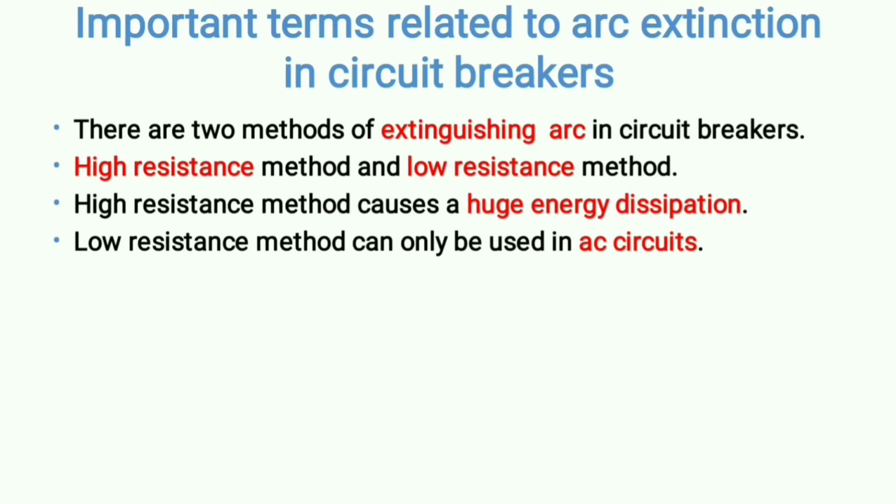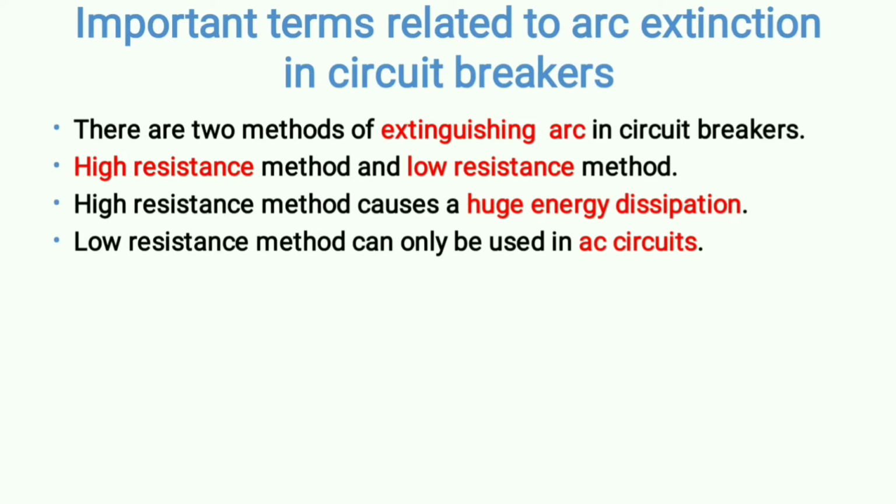So what is the low resistance method? Let's understand. As I have said, in the high resistance method the arc resistance is increased with time, but in the low resistance method the arc resistance is not increased with time; rather it is increased at a certain point, called the natural zero point. As we know, in an AC circuit the fault current is alternating in nature, so there will always be a natural zero point.